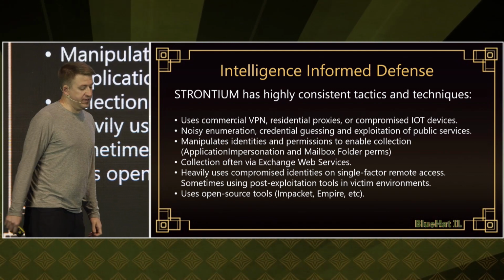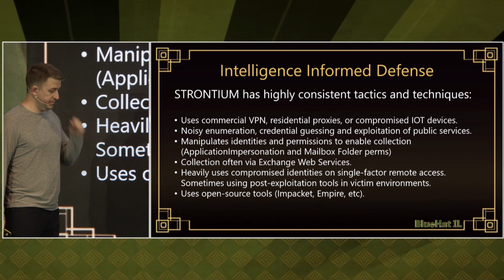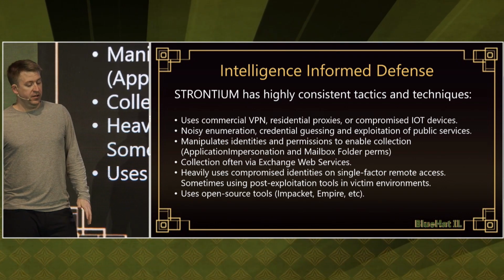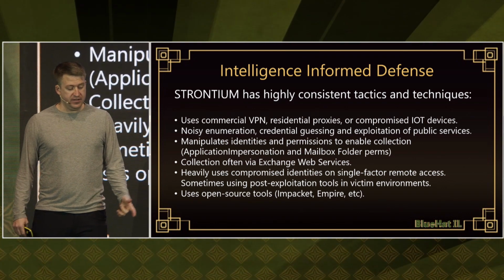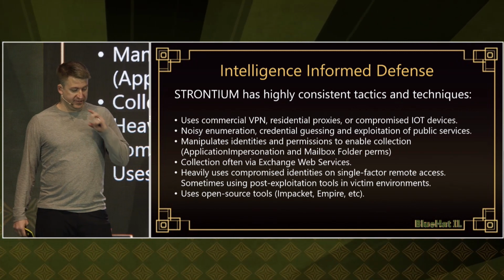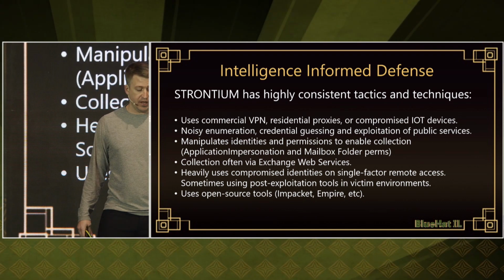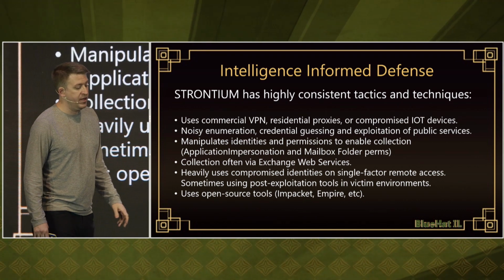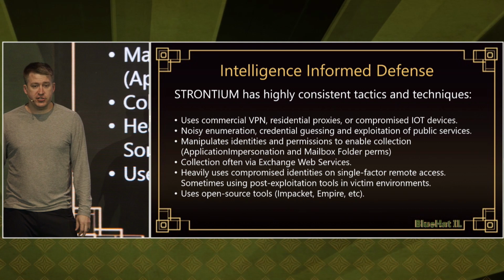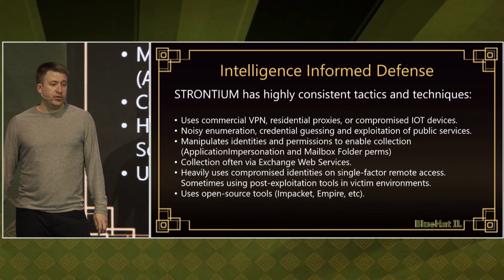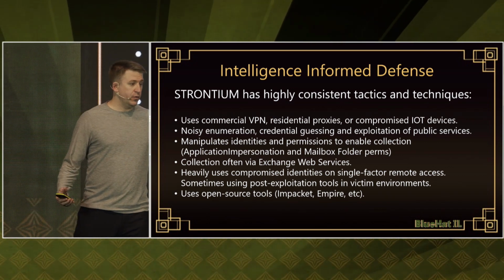Things like credential guessing on external public-facing services, access via single-factor authentication on VPNs or remote access solutions. They love to manipulate identities post-compromise. Most often we'll see them granting application impersonation on accounts to allow them to access mailbox folders of interest.